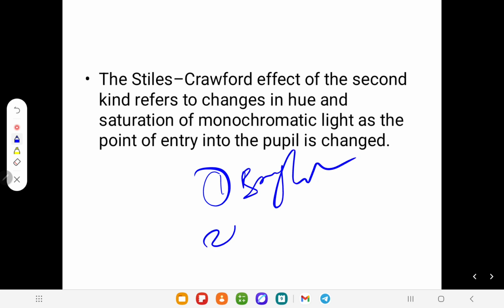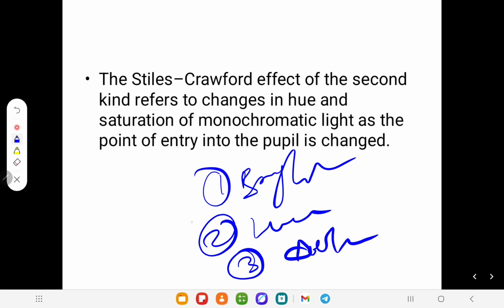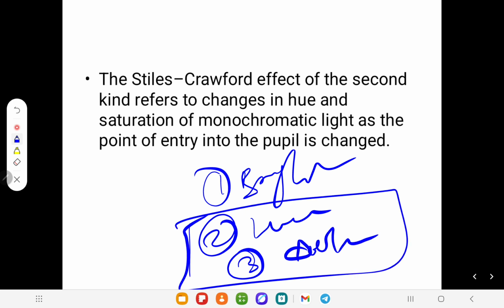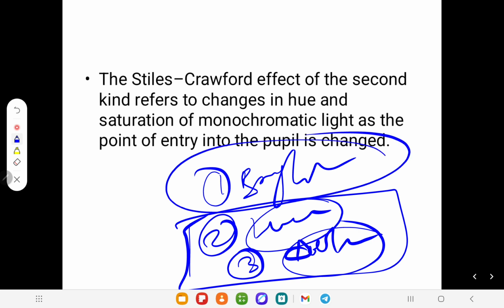One is brightness, second hue, and third saturation. So Stiles-Crawford second contains these two, hue and saturation. But Stiles-Crawford first contains brightness. So Stiles-Crawford second has little less evidence, and Stiles-Crawford first has good evidence. So that's why we don't focus on Stiles-Crawford second; just for knowing things you can learn it.